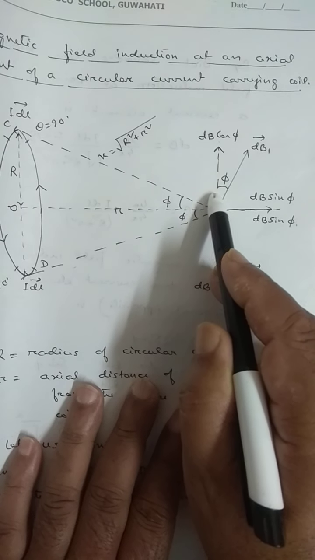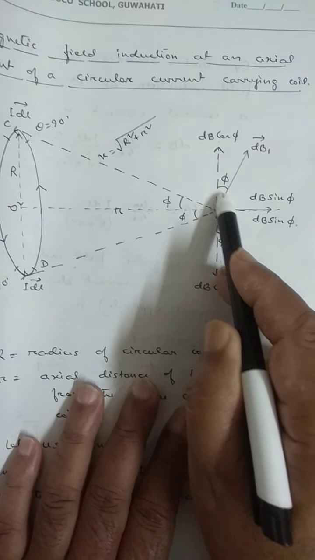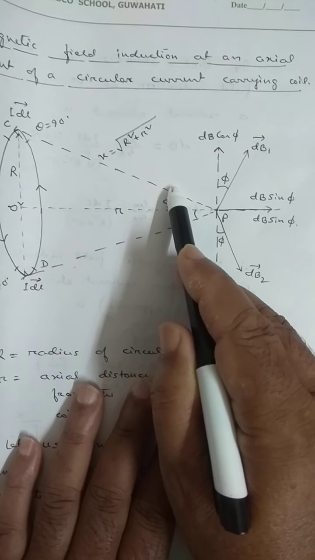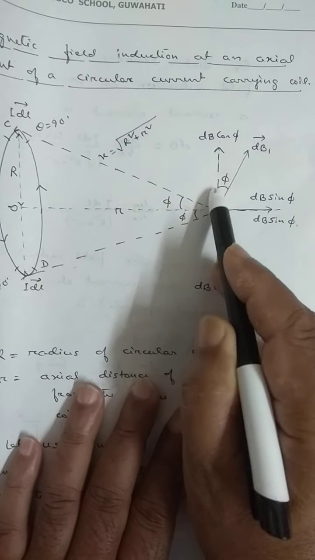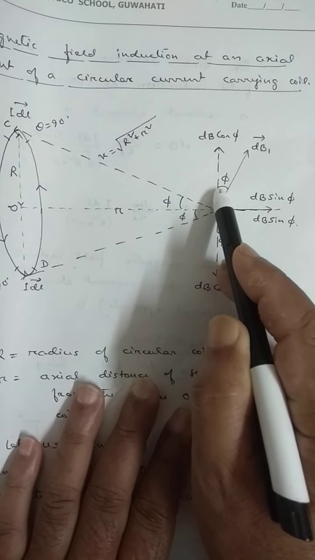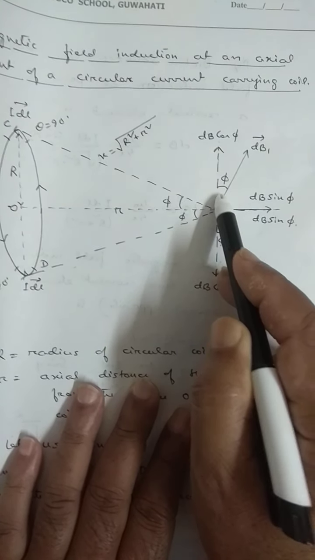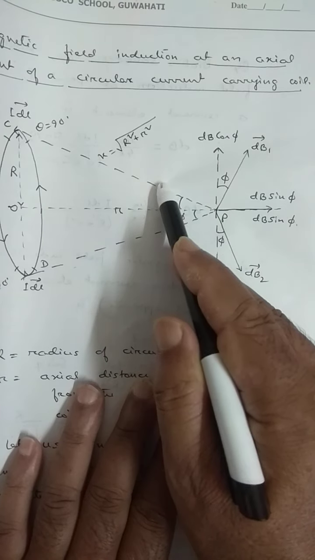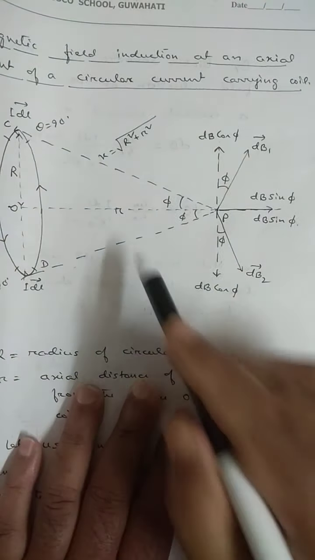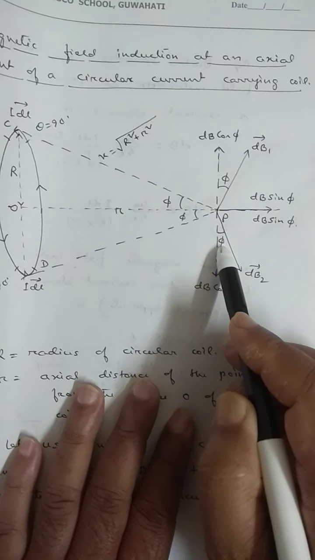If this angle is phi, this is 90 minus phi, because as a whole this is 90, since this line must be perpendicular to it. This is again 90 degrees, therefore this angle is 90 minus (90 minus phi), which is equal to phi. By the same logic, if this angle is phi, this angle is also phi.